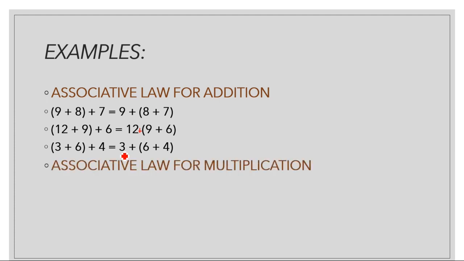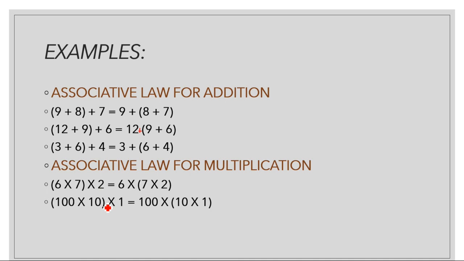Now examples for associative law for multiplication. 6 multiplied by 7 multiplied by 2 is equal to 6 multiplied by 7 multiplied by 2. Here we have grouped 6 and 7, and here we have grouped 7 and 2, and then multiplied it by 6.